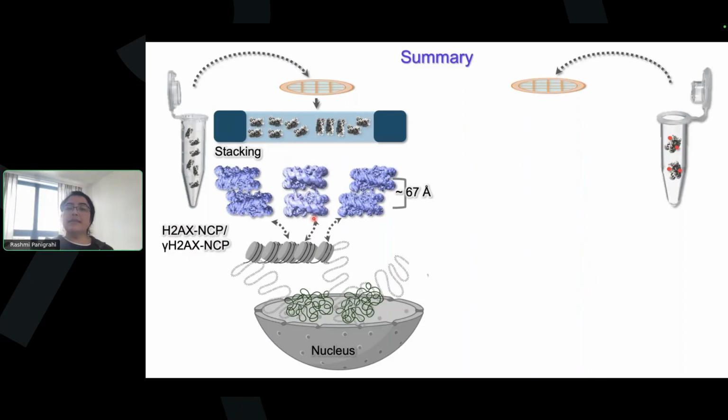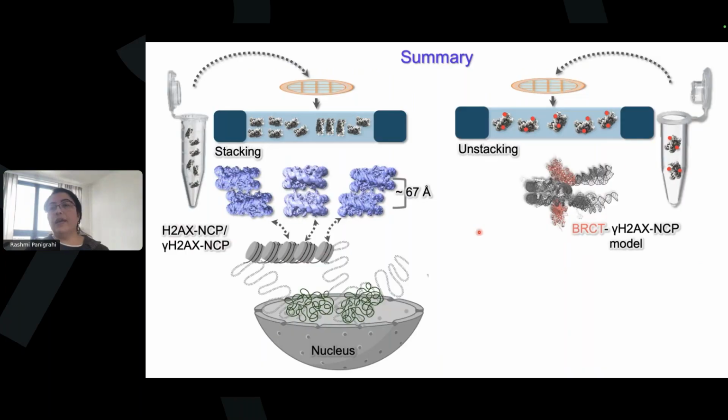The NCP-NCP distance in the stack interaction was almost 67 angstroms, within that range. And the different kinds of stacks that we saw, parallel stack, right offset stack, left offset stack, mimic how the nucleosomes may be packed in a heterochromatin organization in the nucleus.